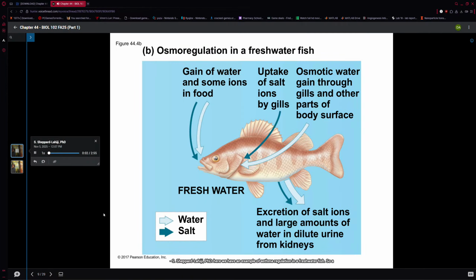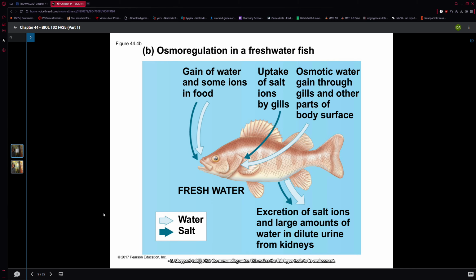Here we have an example of osmoregulation in a freshwater fish. A freshwater fish is going to be in an environment with a much lower amount of solutes compared to marine. So a freshwater fish has a significantly higher solute concentration in its body fluids than the surrounding water.